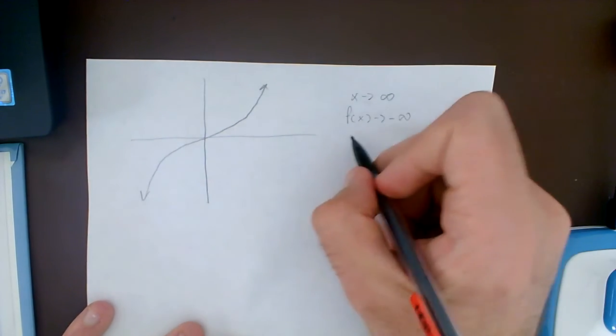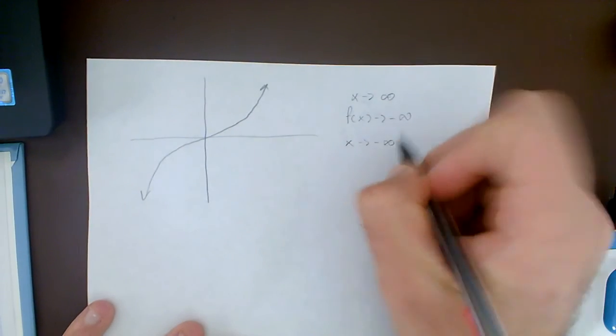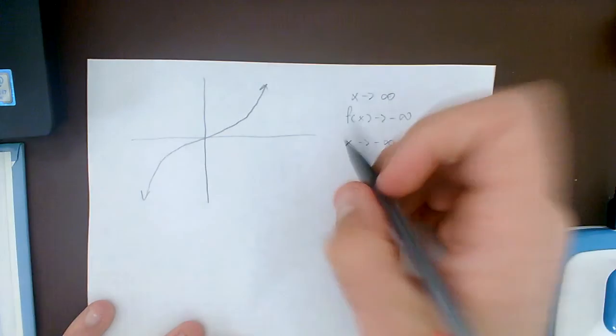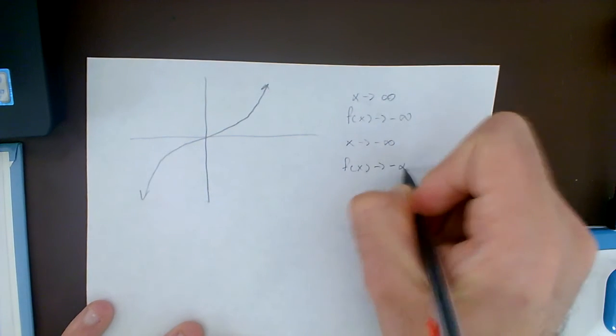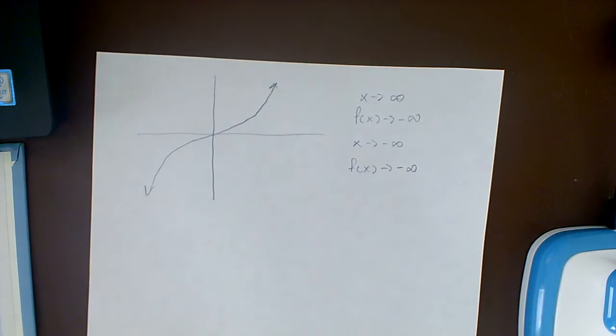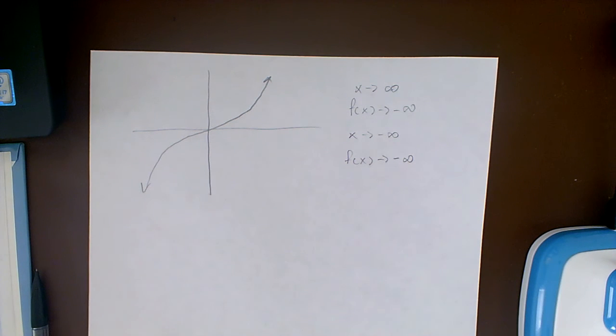And as x goes to negative infinity, we see that our graph is going down in the y direction. So f of x goes to negative infinity, right? Because you can't really write equals here, because you can never get to infinity, but you can write a "goes to" or an arrow.